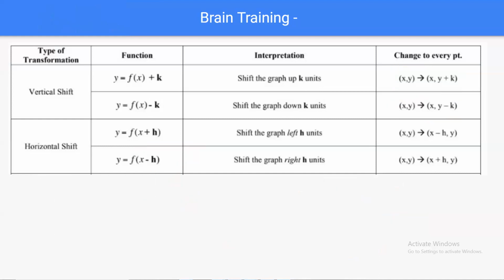Now let's look at horizontal shift. Horizontal shifting, like f of x equals absolute value of x minus 4.